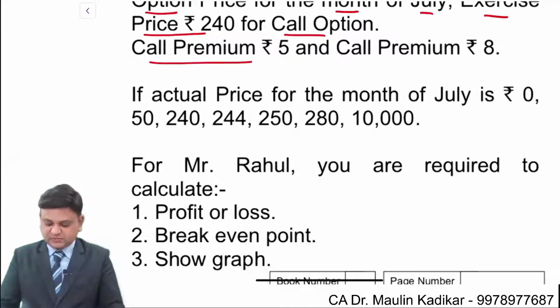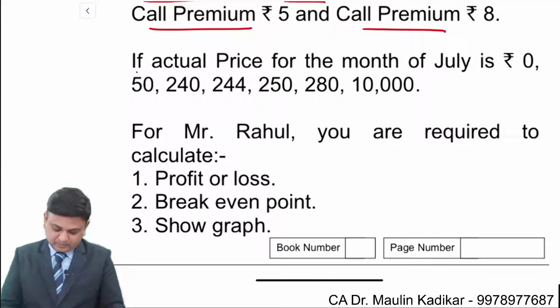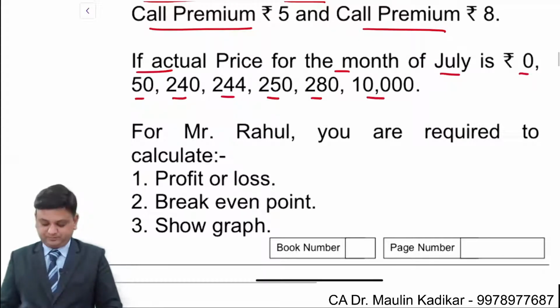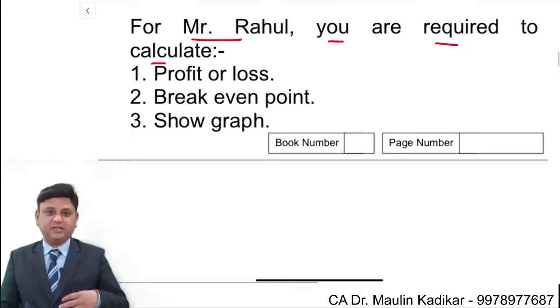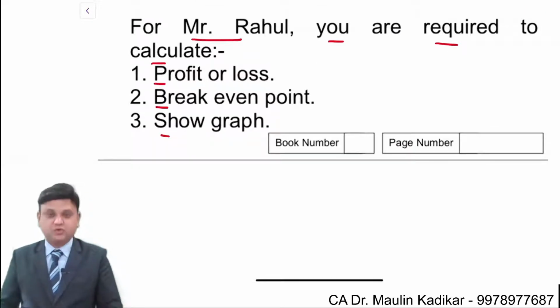Call premium is rupees 5, call premium is rupees 8. If actual price for the month of July is 0, 50, 240, 244, 250, 280 and 10,000. For Mr. Rahul, you are required to calculate. There are 3 questions: profit loss, break even point and show graph.